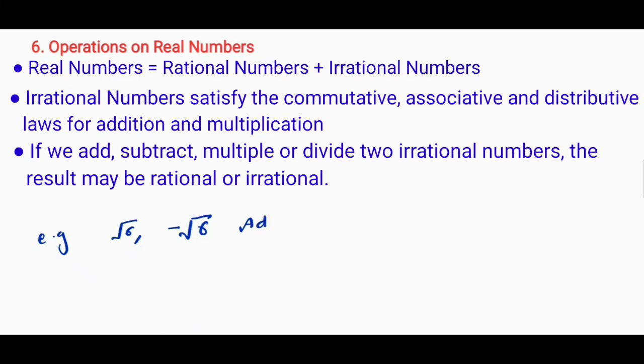If I add these two numbers, then I will get square root of 6 plus minus square root of 6, which will be equal to 0, and this is not an irrational number.